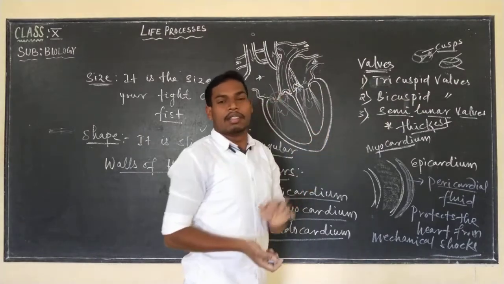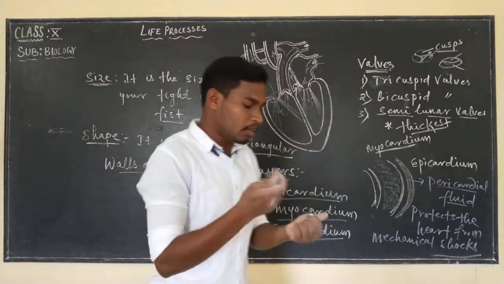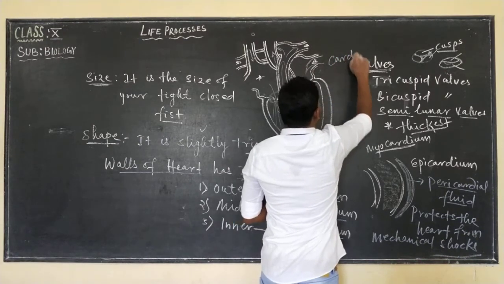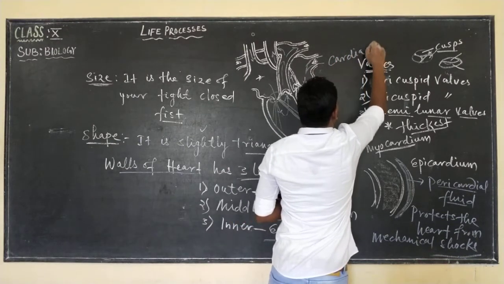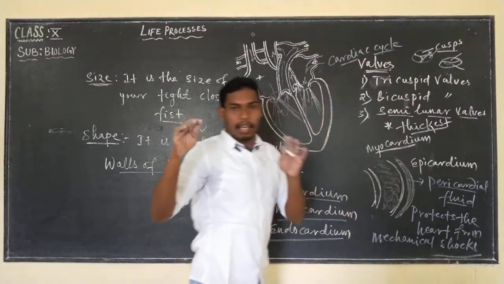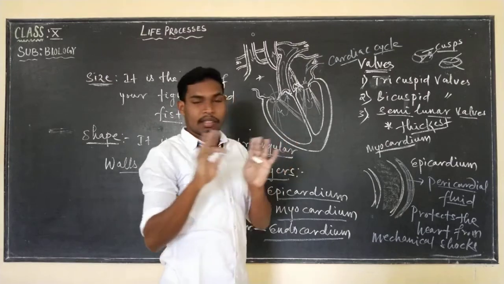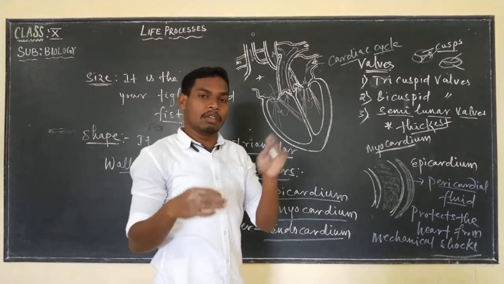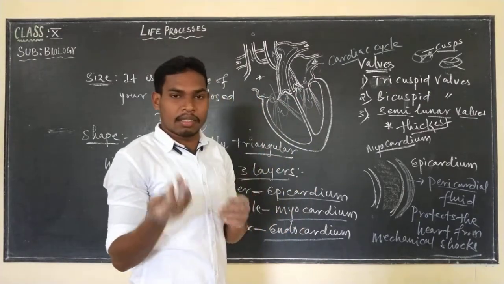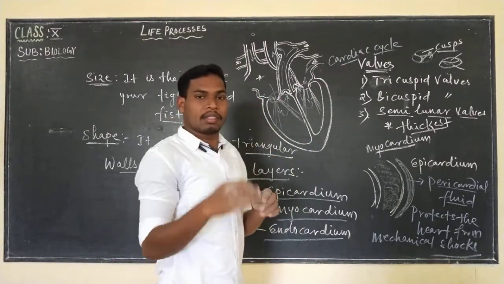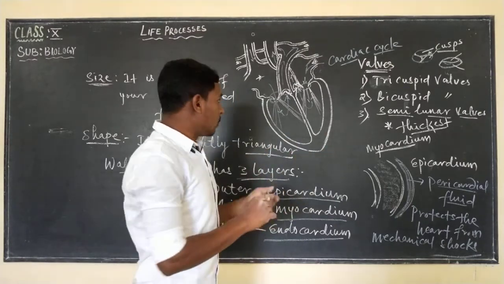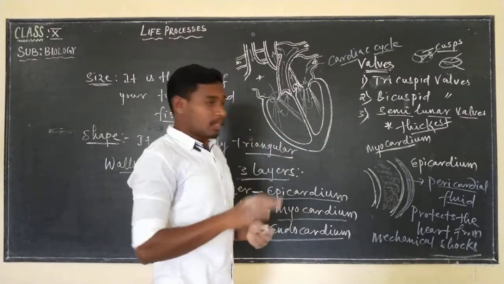This is how the circulation takes place, and it is known as the cardiac cycle. If you are getting any confusion, you can just proceed to the previous video. You can check the previous video on the flow of the heart. Here I have just told you a little information about the flow of blood. So that is the cardiac cycle.